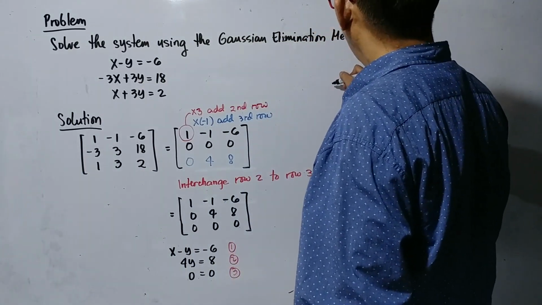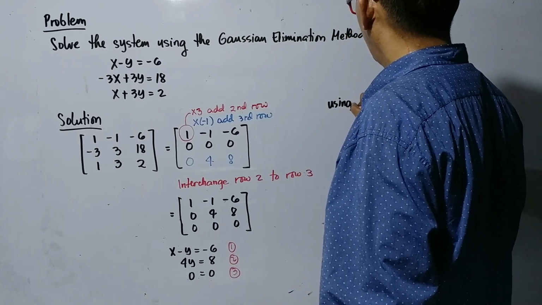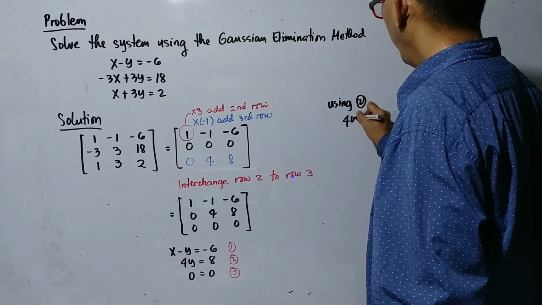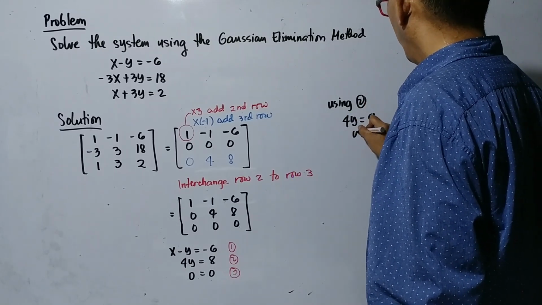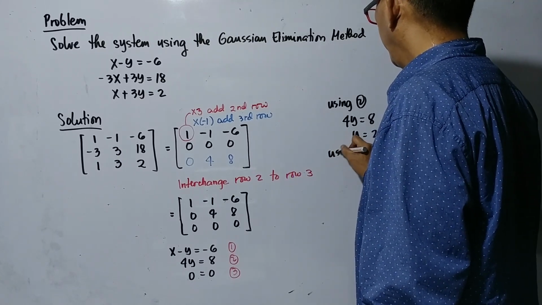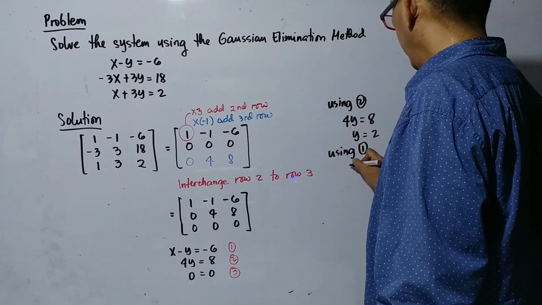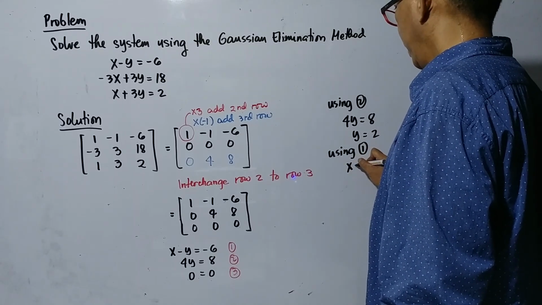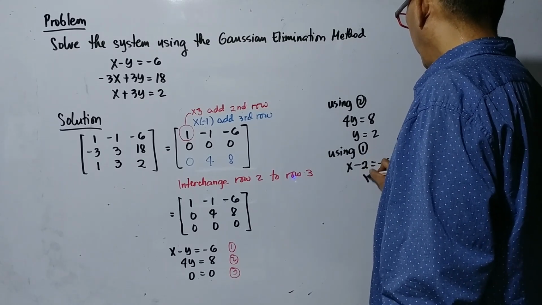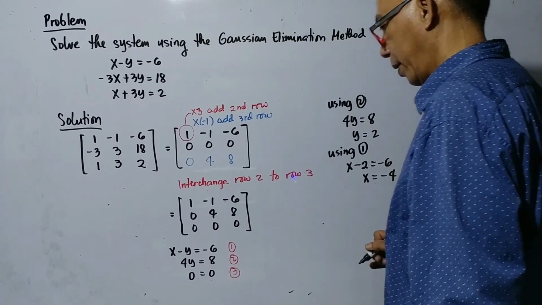Using equation 2, we have 4y equals 8, so y equals 2. Using equation 1, substitute the value of y, we have x minus 2 equals negative 6, or x now equals negative 4.